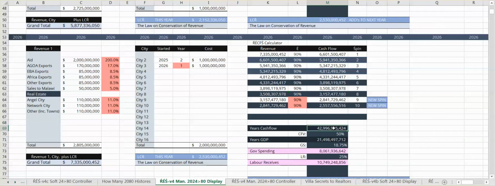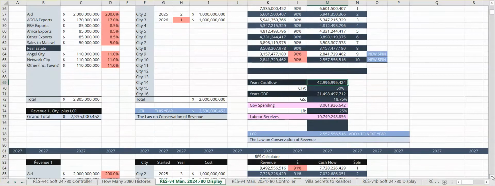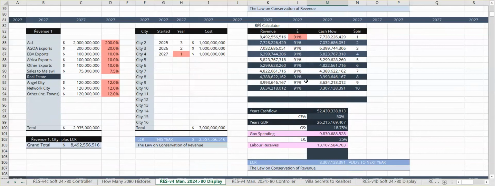Okay, I'm going to point 3, part 3. By 2027, revenue has increased to 8.49 billion. Let's go there. Revenue. Remember that comes from here, being a calculation of this, this, and this.